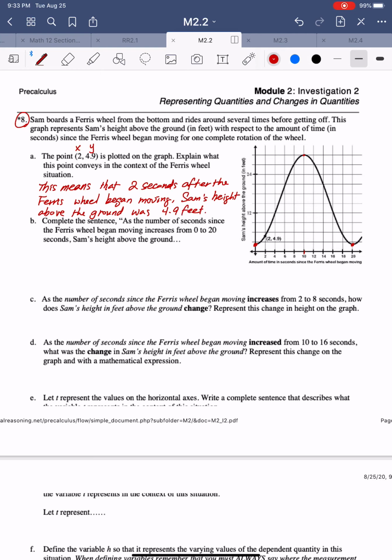Okay, yeah, so 2 means the elapsed time, which is 2 seconds, and 4.9 is the height of Sam above the ground.